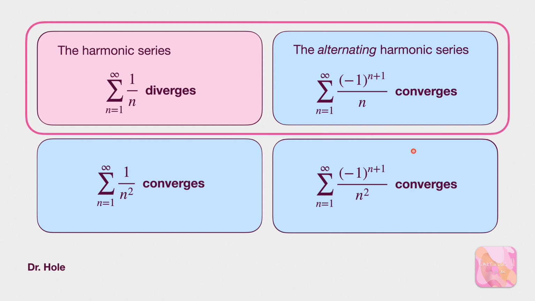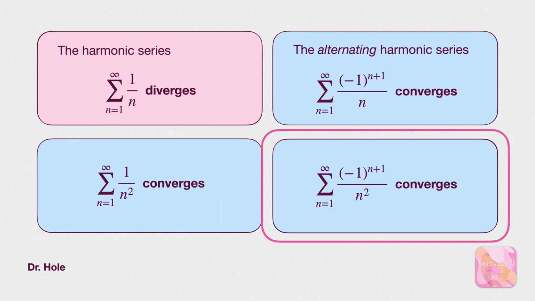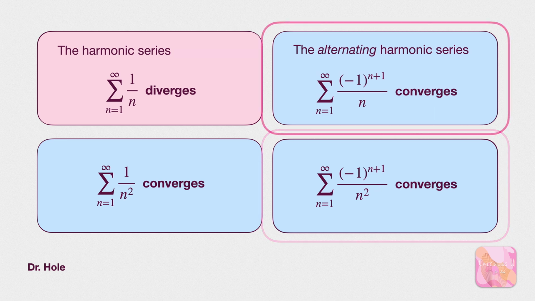So, looking at the alternating harmonic series as a convergent series versus the alternating p series being convergent, these two convergences seem to be of different strength. The convergence on the p series, p greater than 1, seems to be stronger than the convergence on the p series where p is less than or equal to 1.